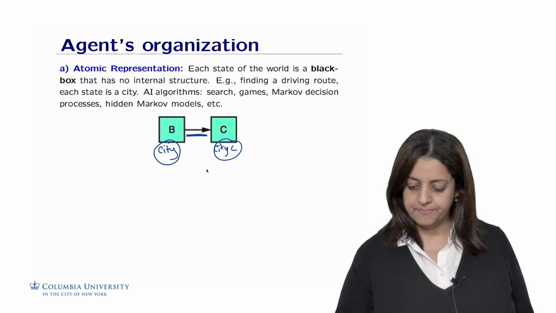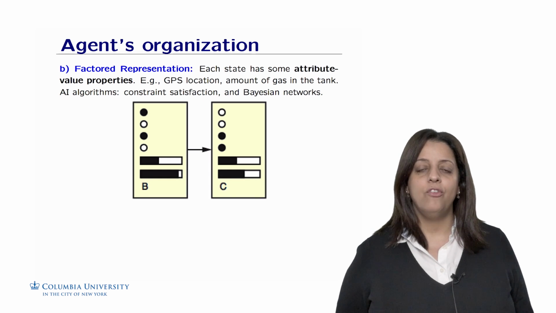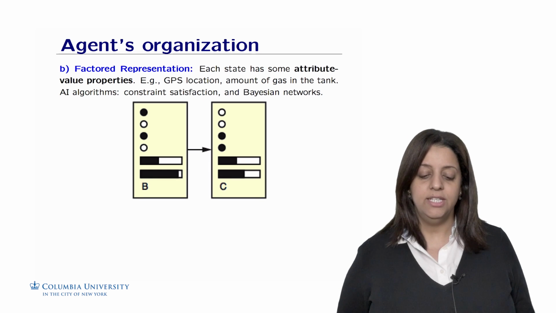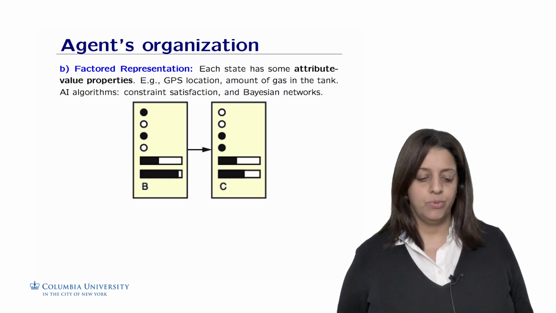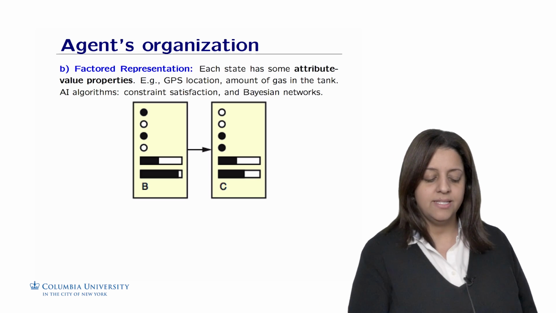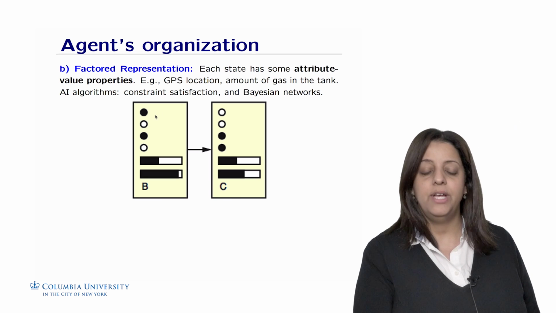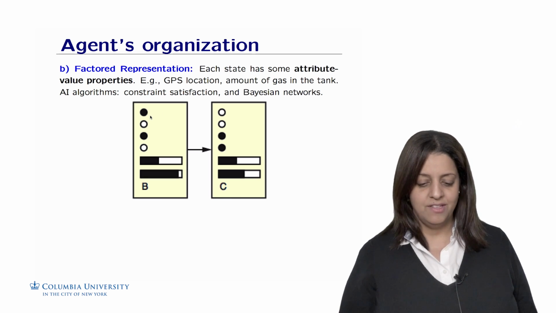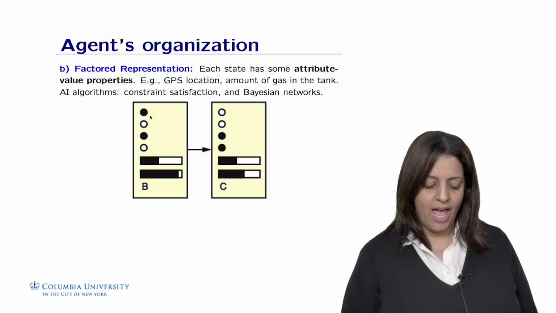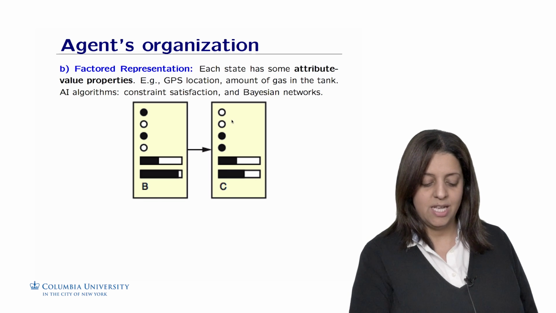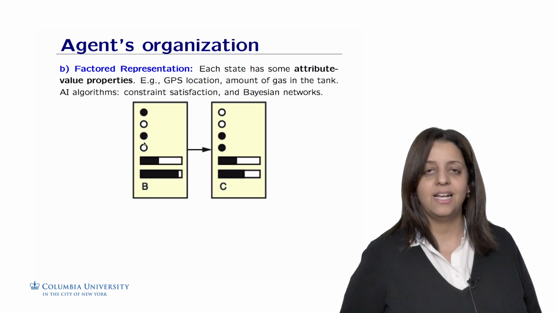A second way of representing the information is called factored representation, in which each state has some attribute-value properties. So in this case, going from state B to state C, we have some information such as our GPS location, the amount of gas we have in the tank, and so on and so forth. And we have two states, B and C, that could share different characteristics. For example, these two have a flag on this second attribute.